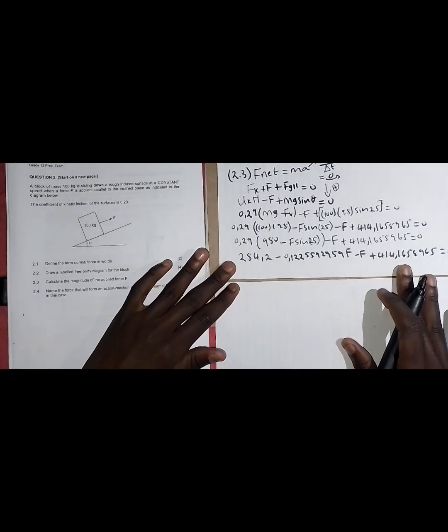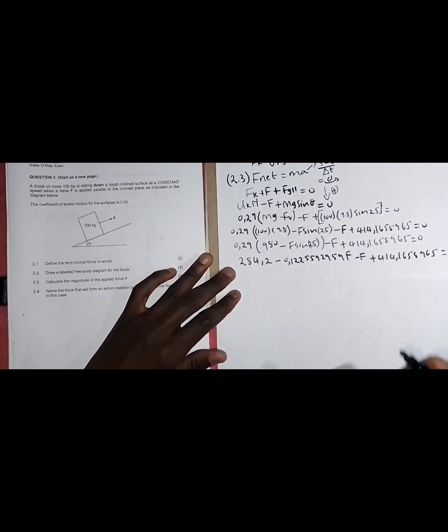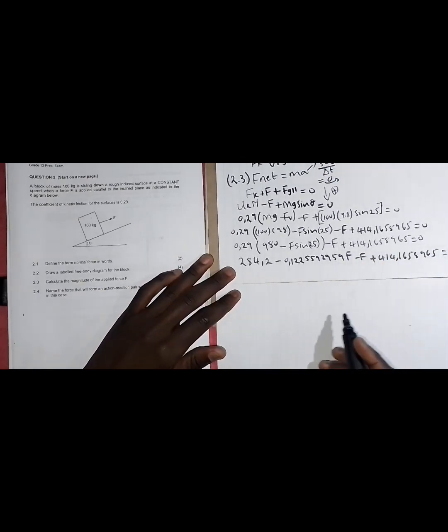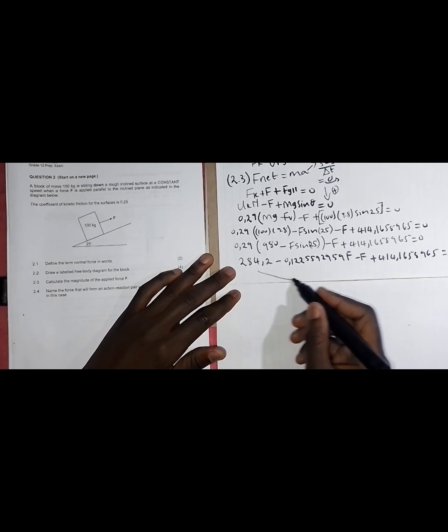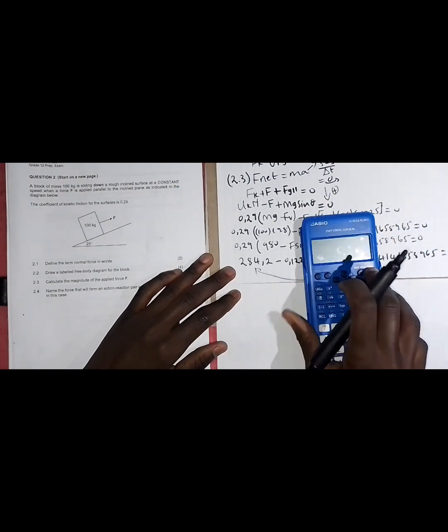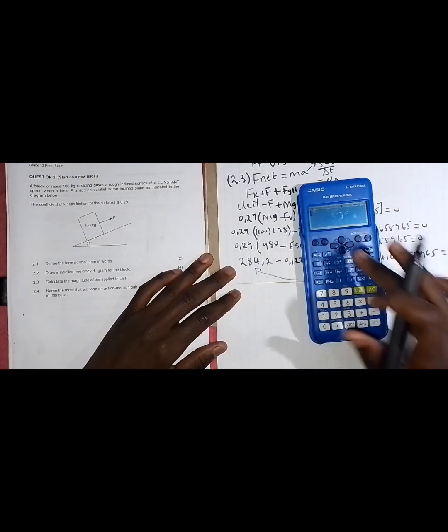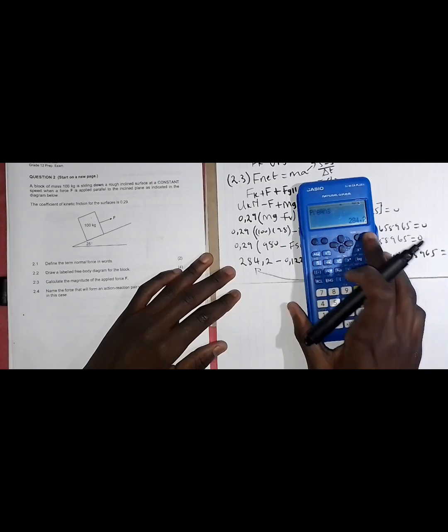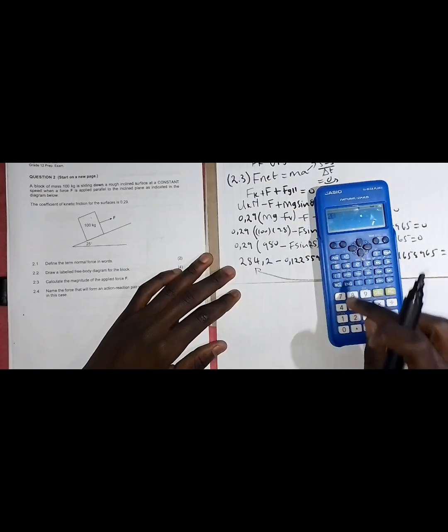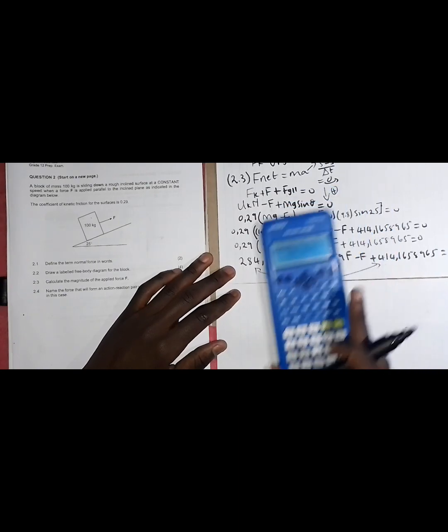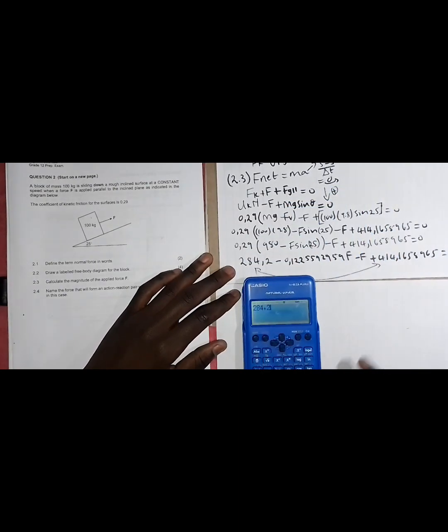We're just going to add the like terms. So 284.2 plus 414.1658965 is going to be 698.